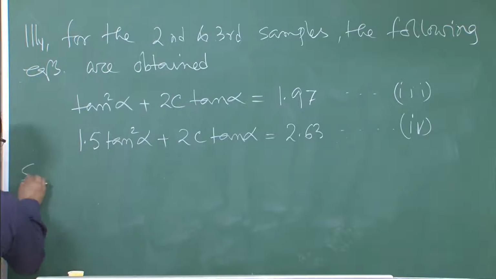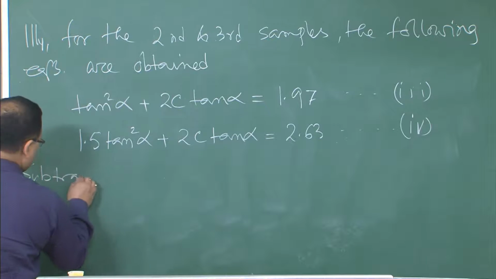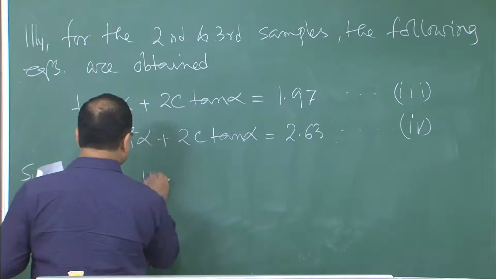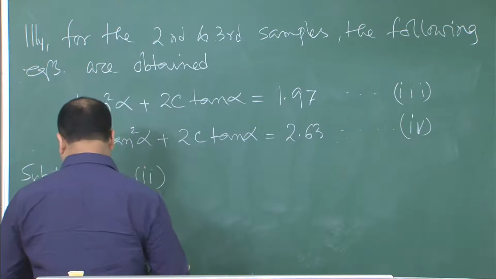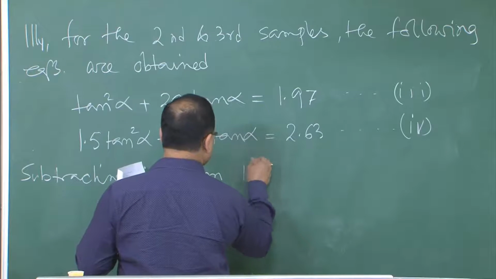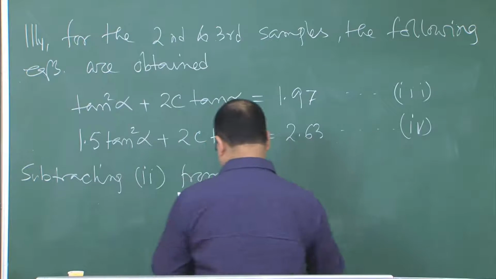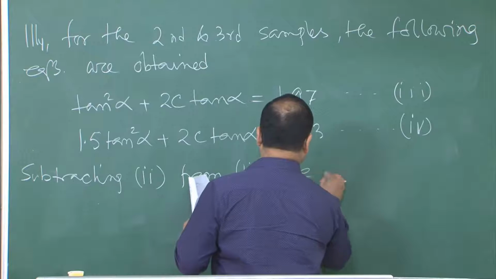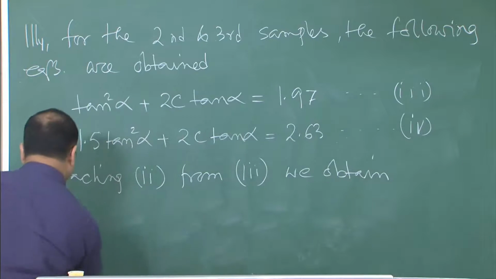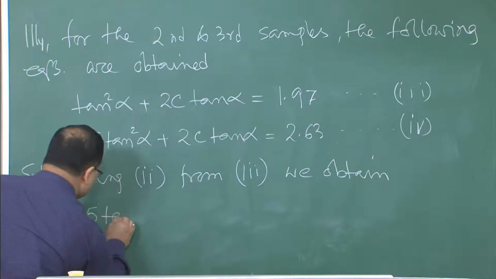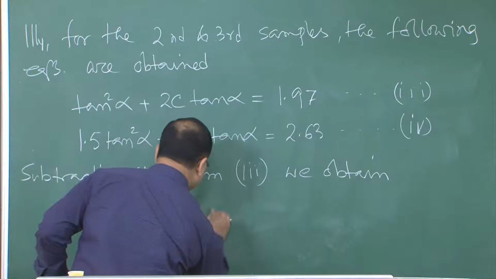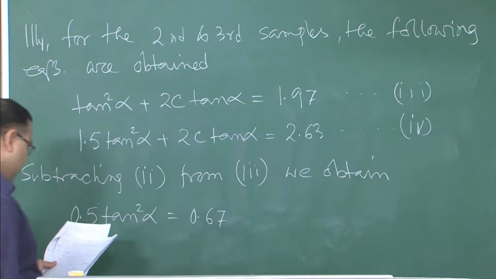Okay. Now, subtracting equation 2 from 3, we obtain 0.5 tan square alpha is equal to 0.67.